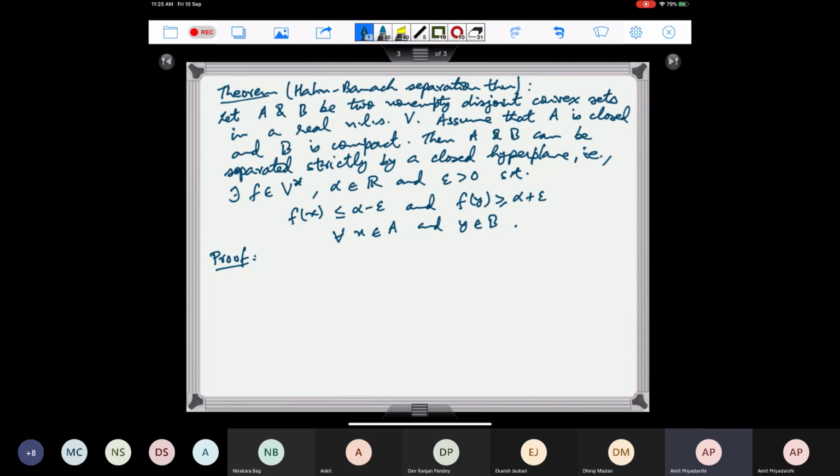Here, A and B are convex sets, they are disjoint, and one of them is closed and another is compact. So then there exist an open neighborhood of A and an open neighborhood of B which are also disjoint, and convex also. So how do we get that?